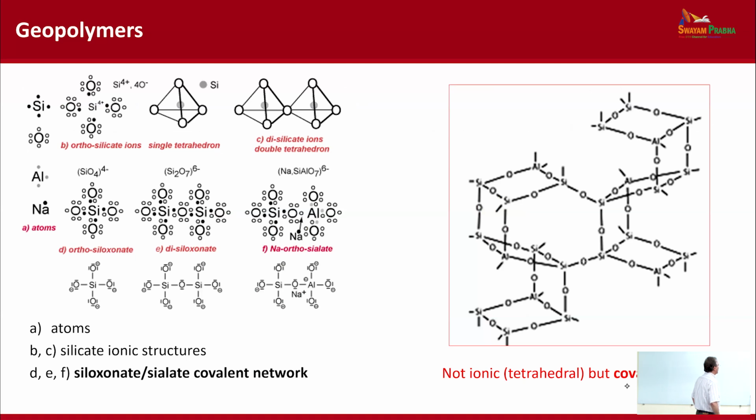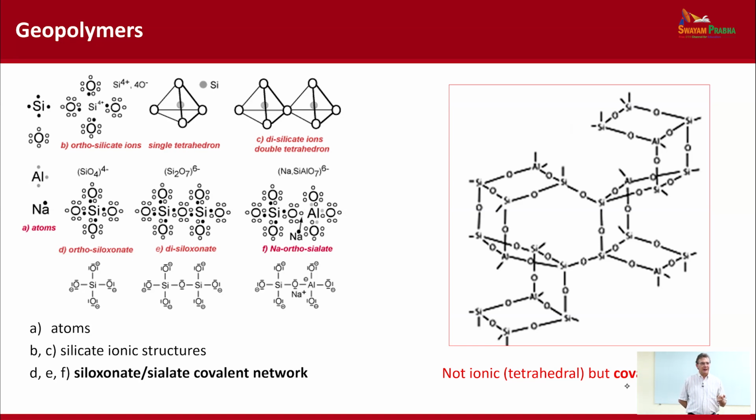Inside the structure of the geopolymers, you have tetrahedra of silica, you have octahedra of alumina, and then you have a combination of the two. And you know from glass science that aluminum oxide is 6-fold coordinated.